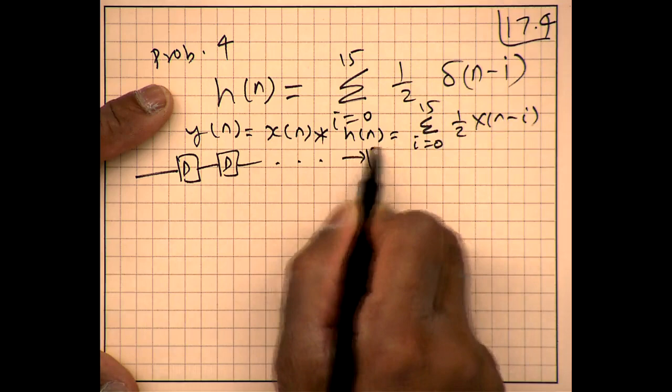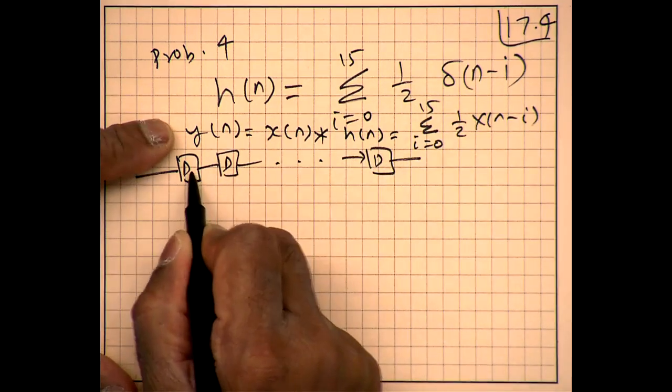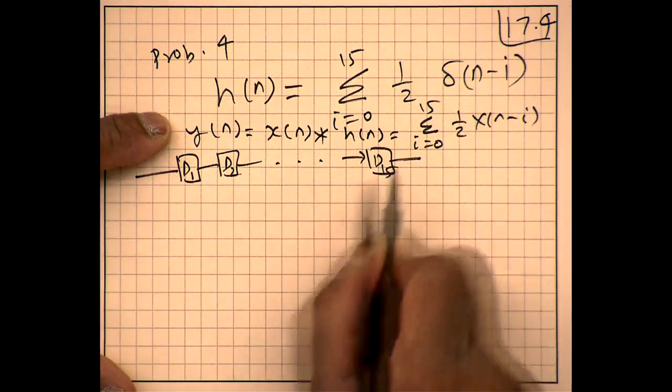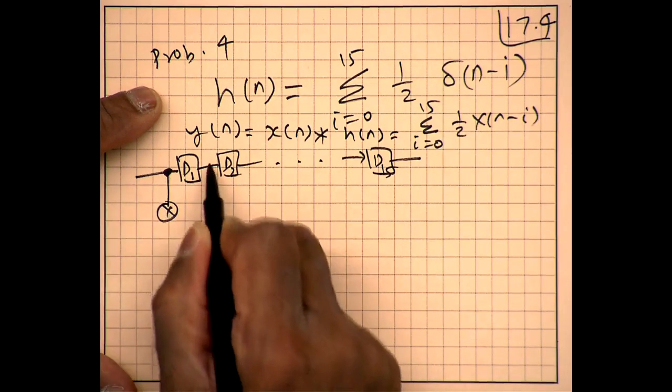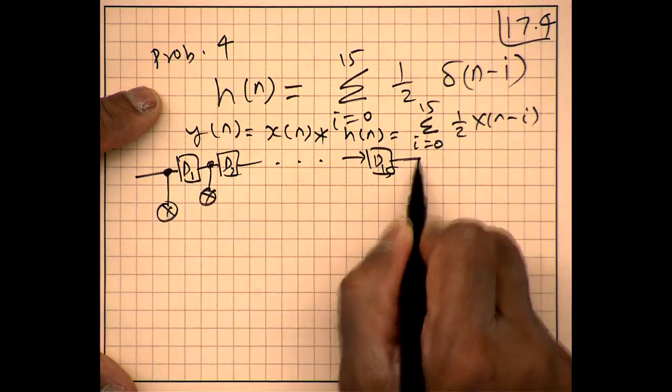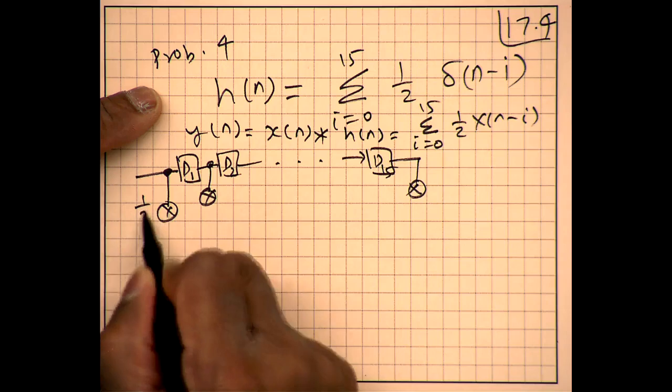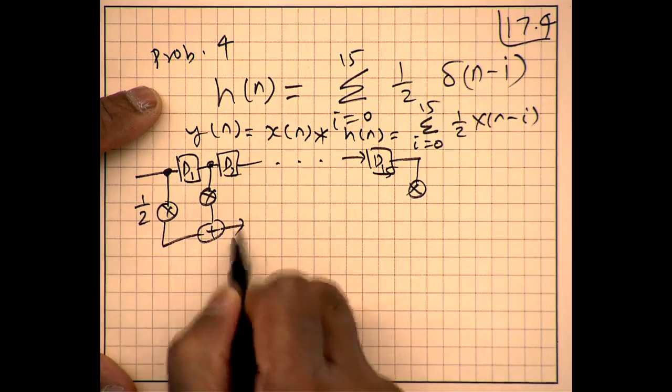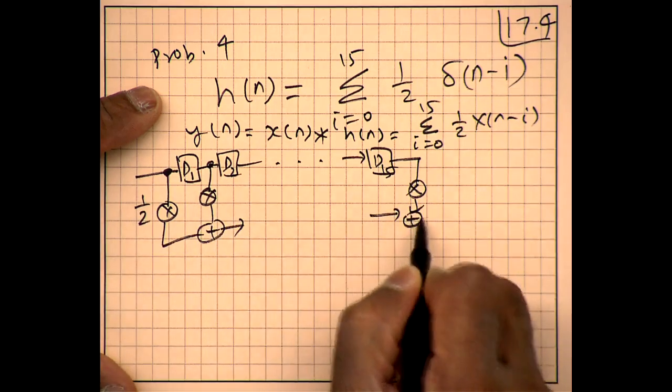So you go through 15 delays. If I name these D1, D2 through D15 and multiply all of these by half, you have 15 multipliers, all multiplying by half.